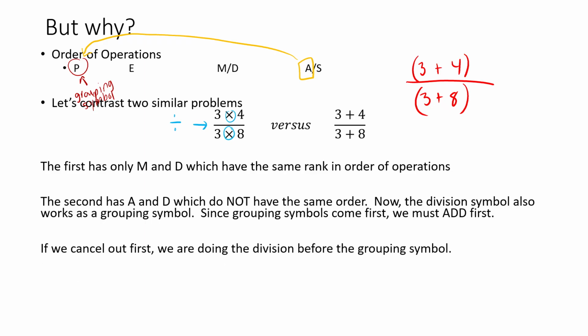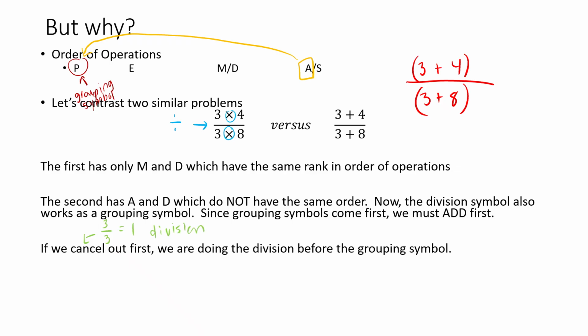If we cancel out first, we are doing the division before we're doing the grouping symbol. And remember, a couple slides back, I said that the canceling, that act of doing 3 divided by 3 is equal to 1, is a division step.